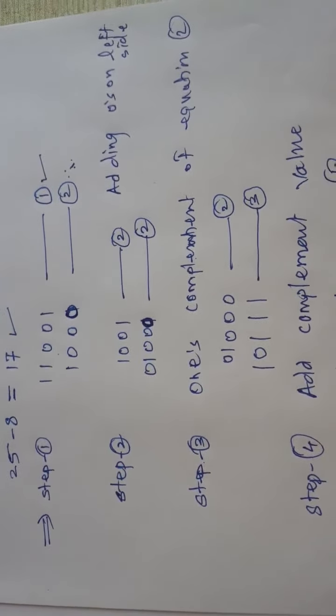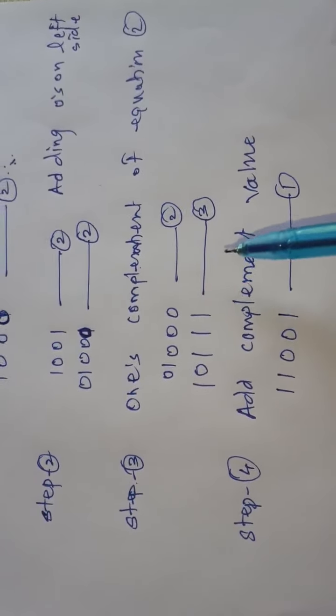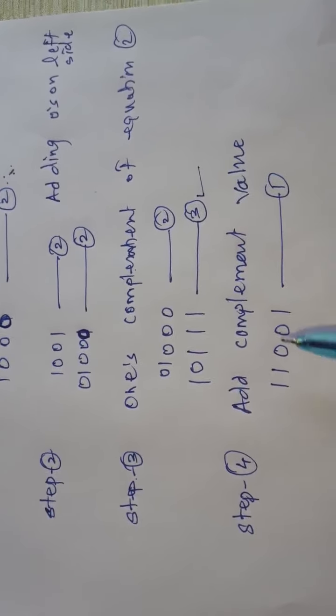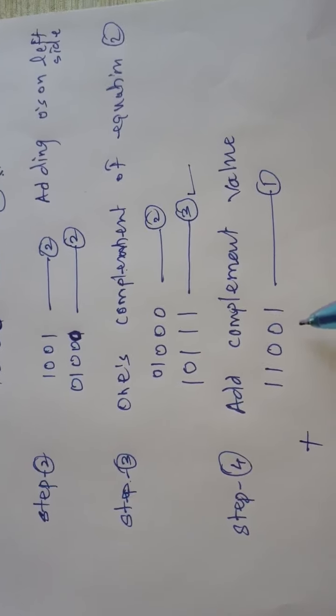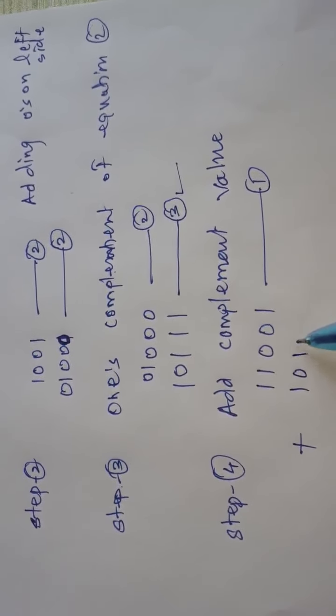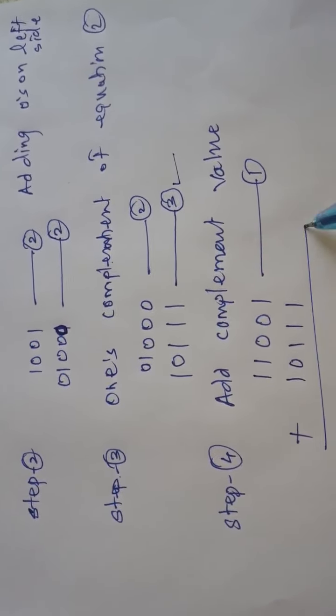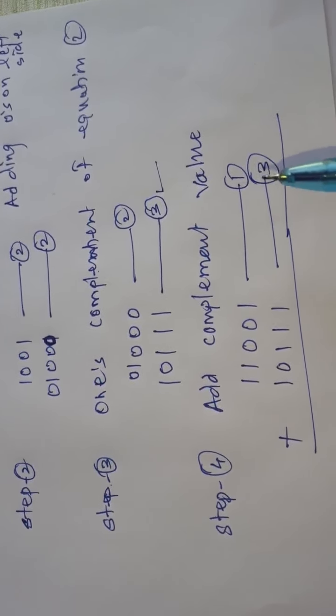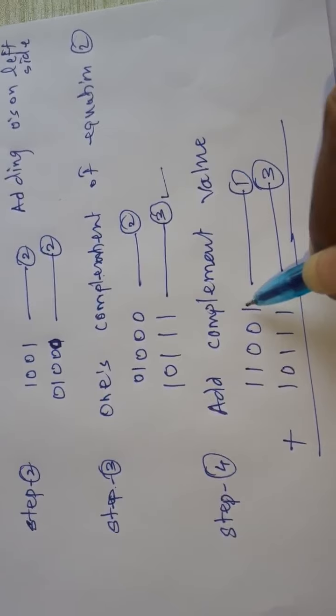And this is equation 3, 1 0 1 1 1. We add this equation to equation 1. Correct? So we know the addition rule.